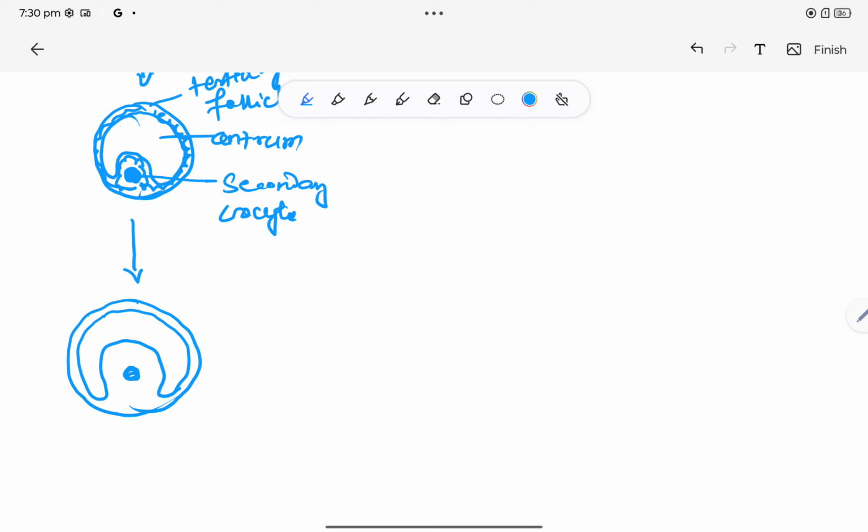So here is the secondary oocyte, and this secondary oocyte is surrounded by a layer of cells known as the zona pellucida. Then it is again surrounded by cells called the corona radiata.